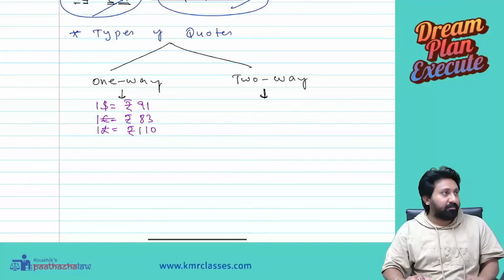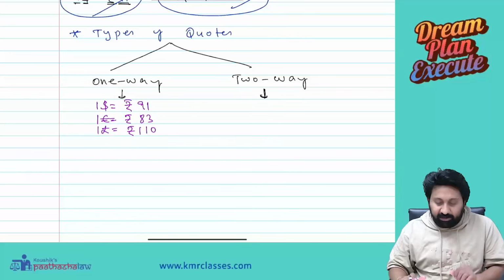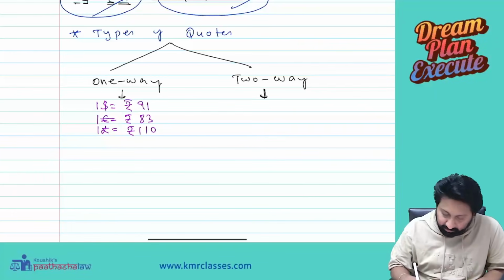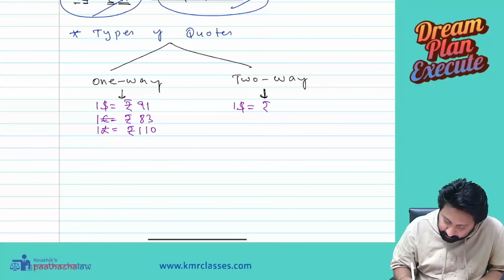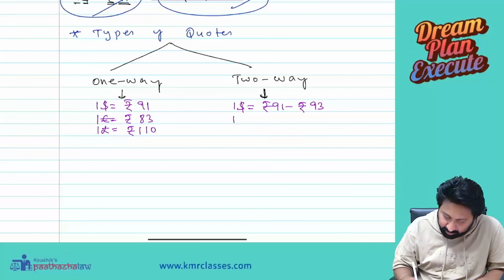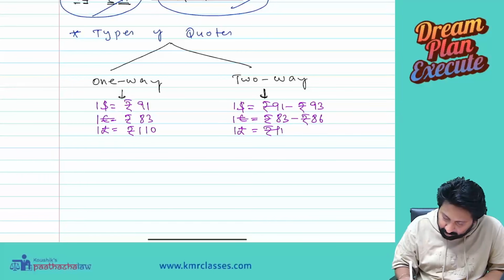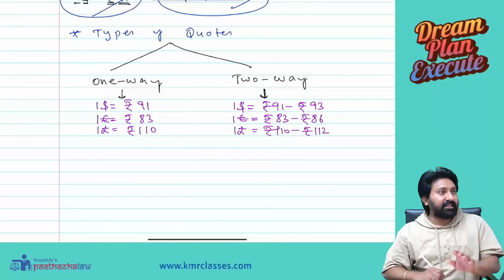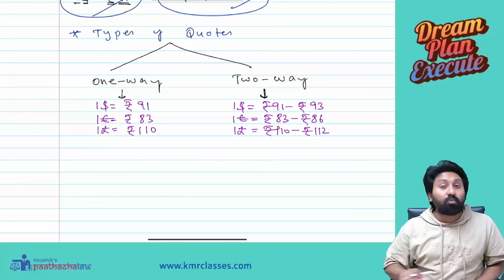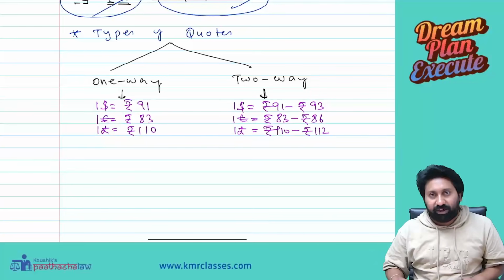Like this they will give. Understood? This is one-way quotation. Two-way quotation: rupees 91 dash rupees 93, rupees 83 dash rupees 86, rupees 110 dash rupees 112. Like this they will give. This is called a two-way quotation.